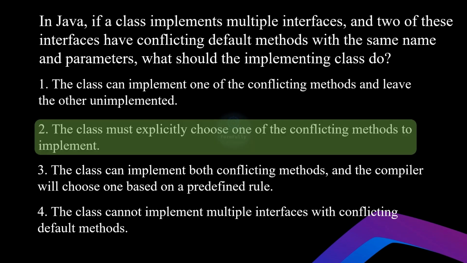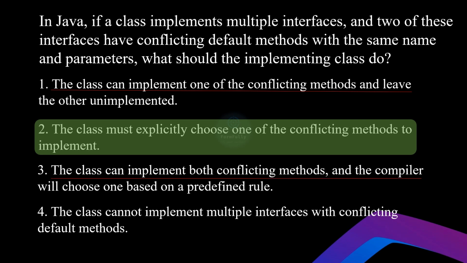Here, option 2 is correct. When a class implements multiple interfaces with conflicting default methods, it must explicitly choose which method to implement. This prevents ambiguity, and the compiler requires the implementing class to provide a specific implementation for conflicting methods.